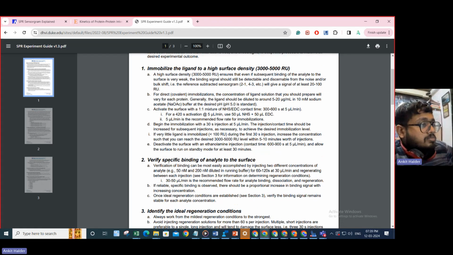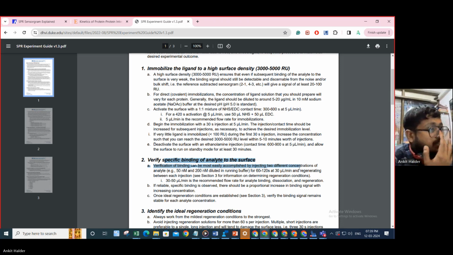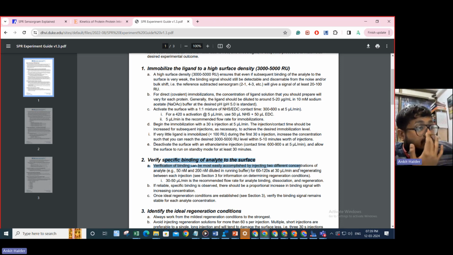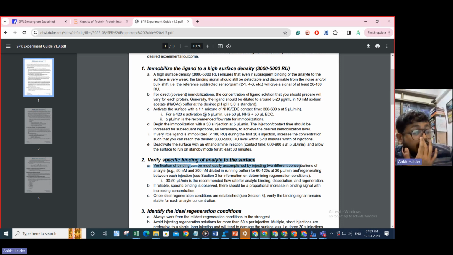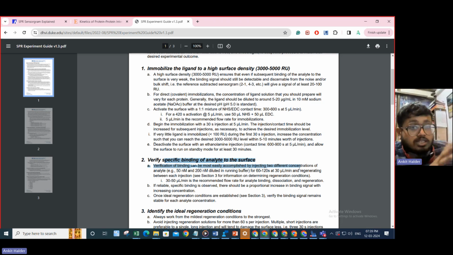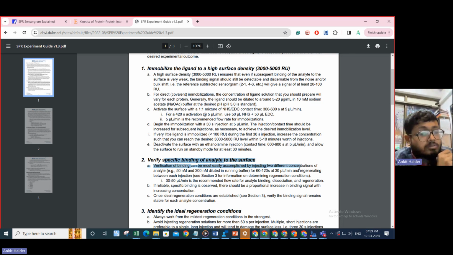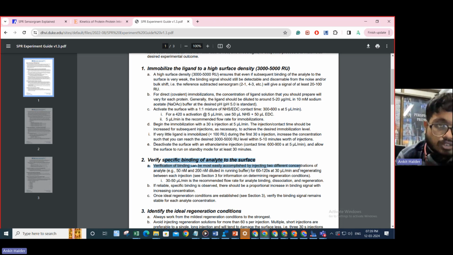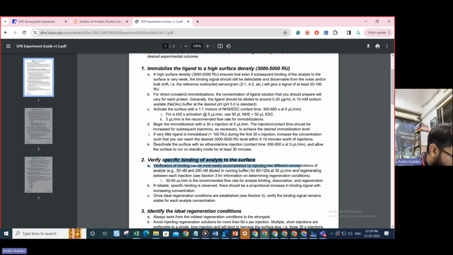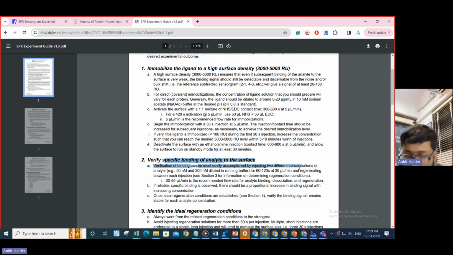Now verify the specific binding of an analyte to your surface. Introduce two different concentrations of analyte, for example 50 nanomolar and 200 nanomolar. Just think of how you will be designing the experiments, how you will do the troubleshooting, and cross-check that whatever you are doing is fine and is not getting changed.